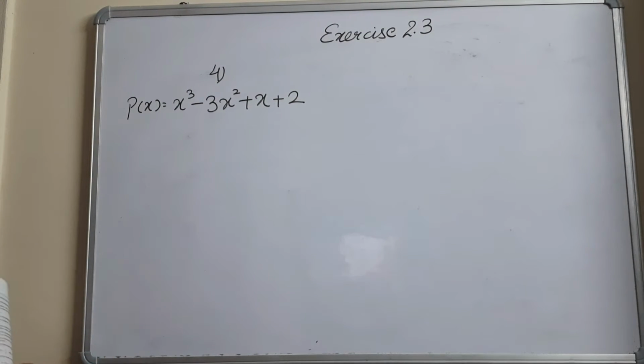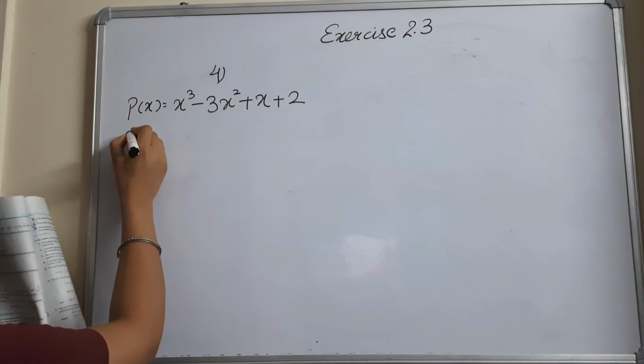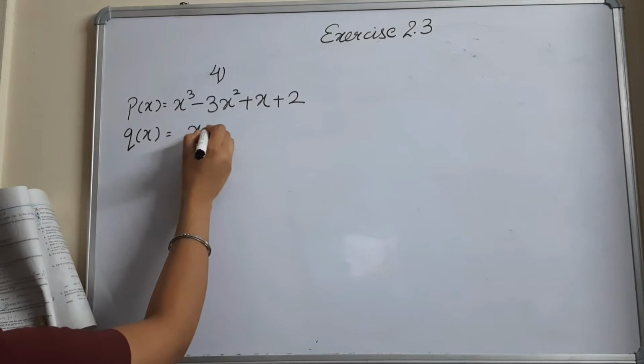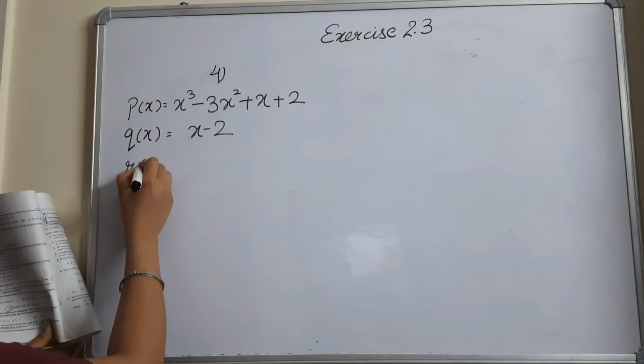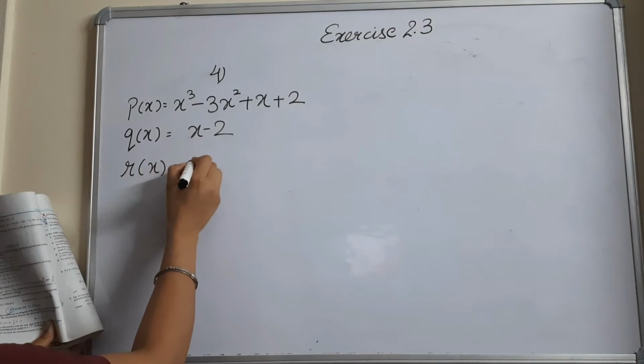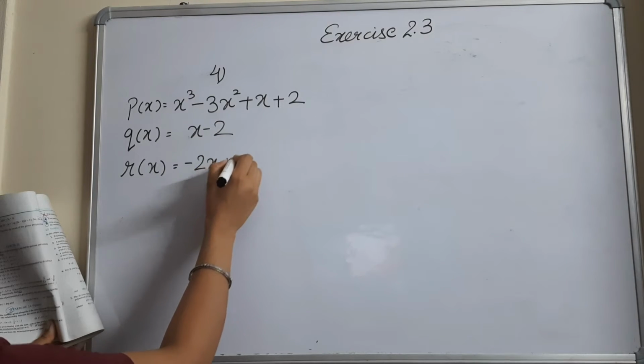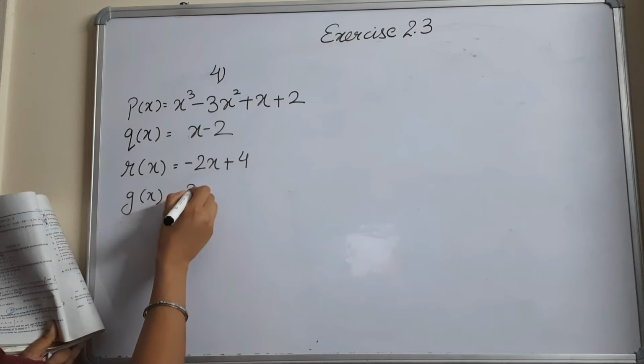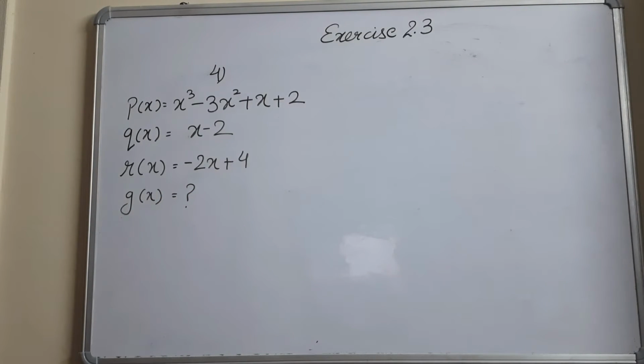You are given the quotient, that is qx equals x minus 2, and the remainder, that is rx equals minus 2x plus 4, and you are required to find the value of gx. So first of all, sort all the data this way, what is given to you and what you have to find.